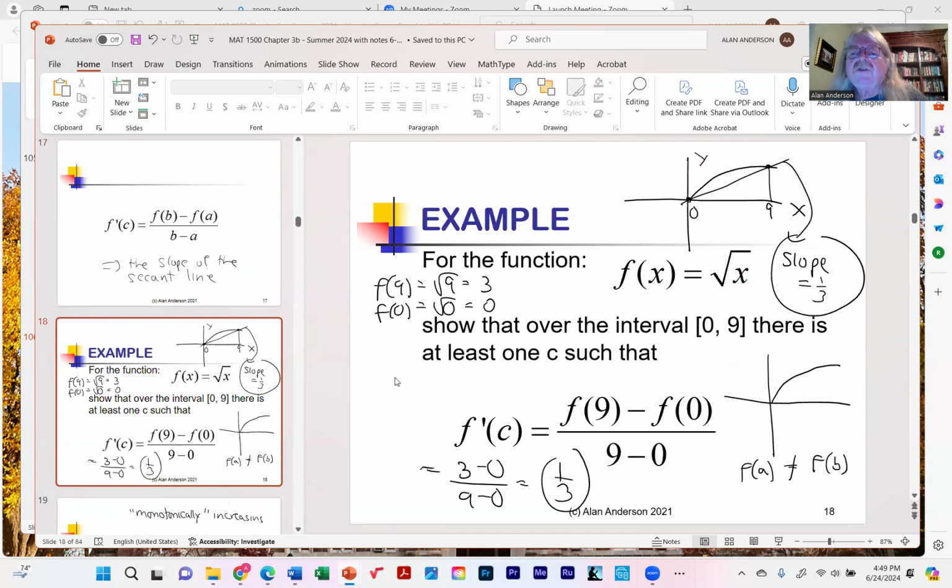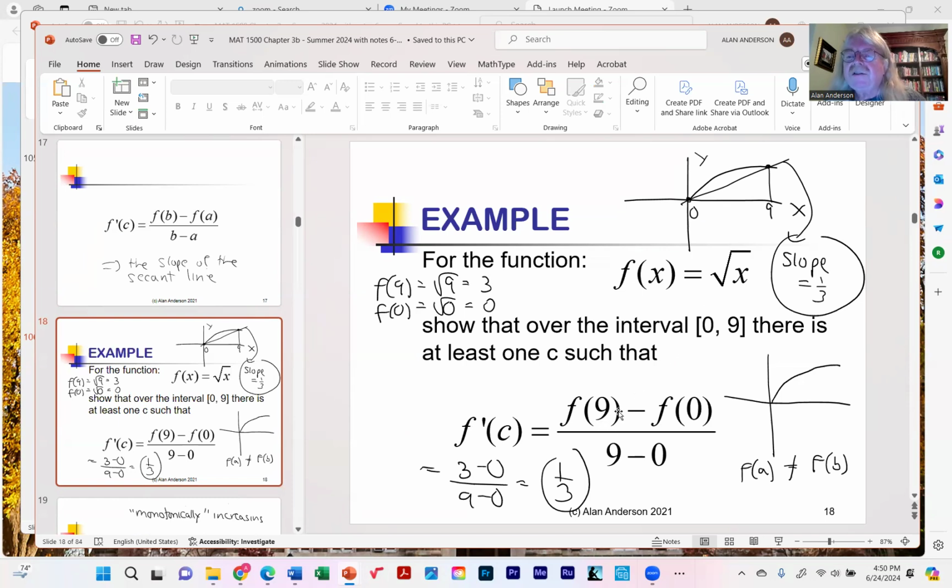Okay, so let's try one of these with f of x equals the square root of x. So over the interval 0 to 9, which you can see up here, we're guaranteed there's a point in here somewhere whose tangent line, or the tangent line at that point, is the same as this secant line right here. Now, here's the formula for finding the secant line. f of 9 minus f of 0 over 9 minus 0.